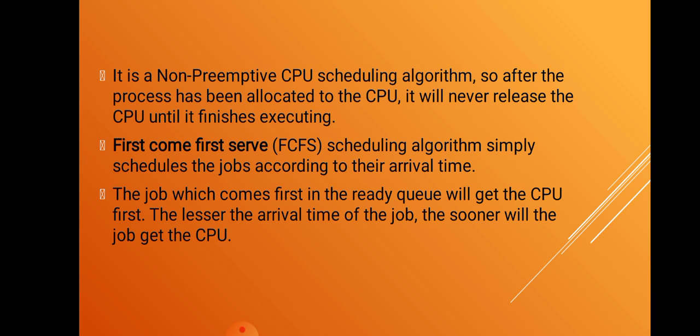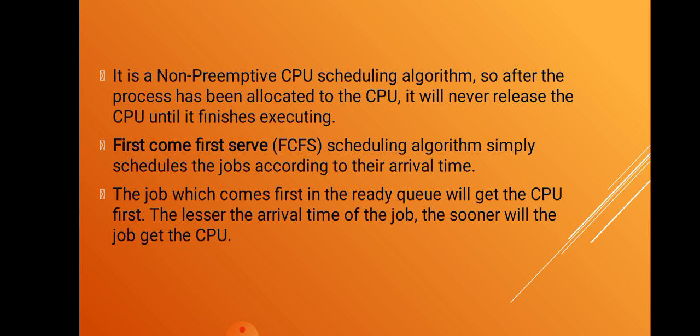FCFS belongs to the non-preemptive CPU scheduling algorithms. Non-preemptive means that when a process has been allocated the CPU for execution, no other process can interrupt or hold the CPU. The first process has to complete its execution, then the next process is allocated the CPU.